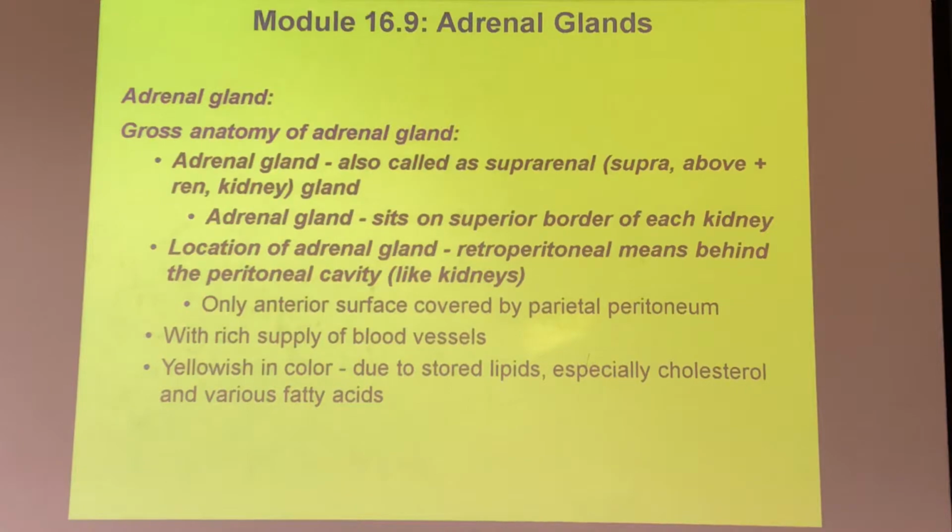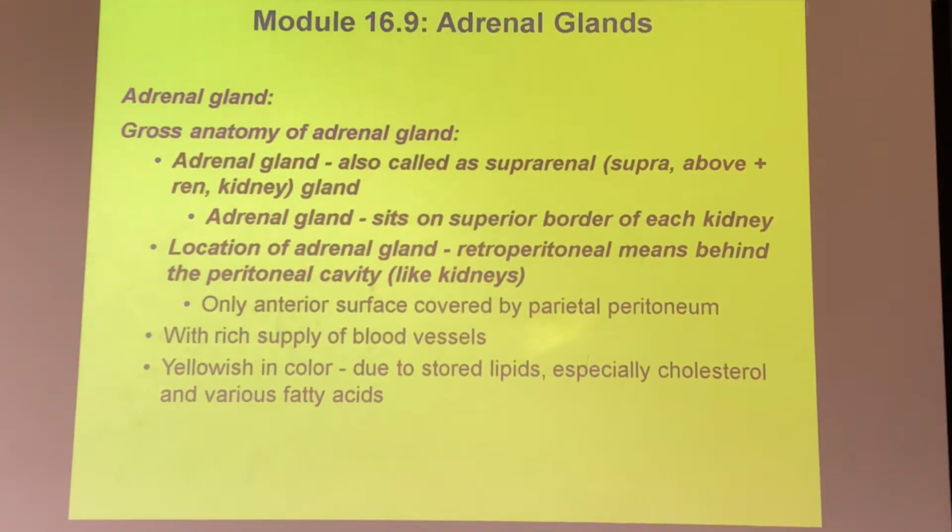Why? Because your digestive system is ahead of it. That digestive system is in the cavity which is called the peritoneal cavity. So the kidney is behind the peritoneal cavity, and when you remove the digestive system, like the alimentary canal, ileum, large intestine, small intestine, then you can see it.